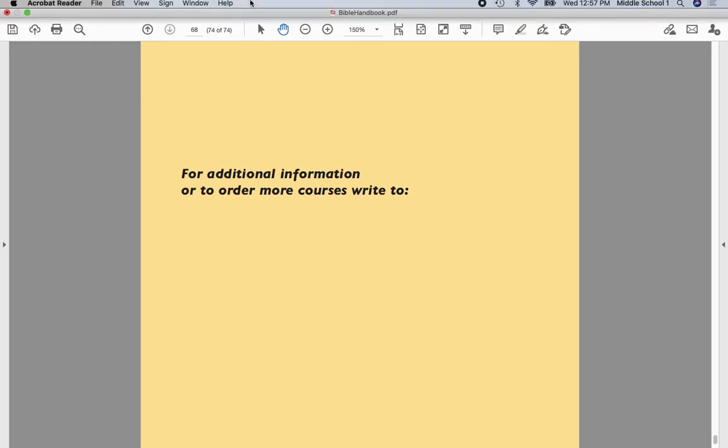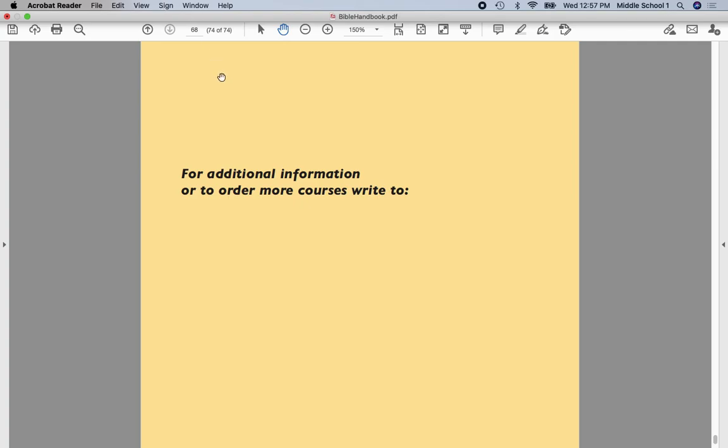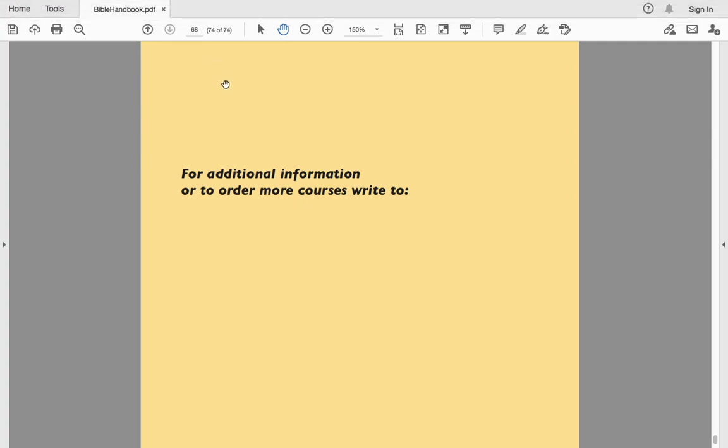On the bottom of your 7th grade page, you're going to notice that there is a resource that says Bible resources, and you can click on that, and there are probably a dozen or more different handbooks similar to the one that we did on different Bible resources.